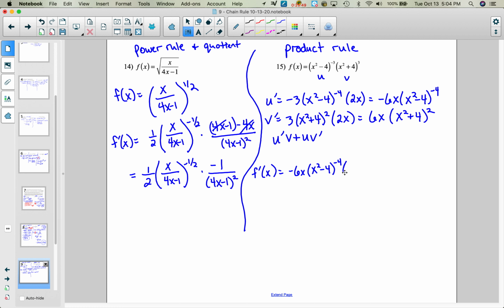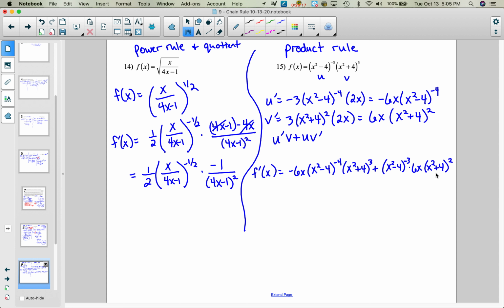V is x squared plus 4 to the third power, plus uv prime, which is x squared minus 4 to the negative 3 power, and then v prime was 6x, x squared plus 4 squared.